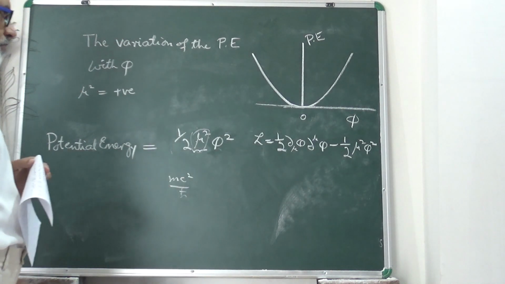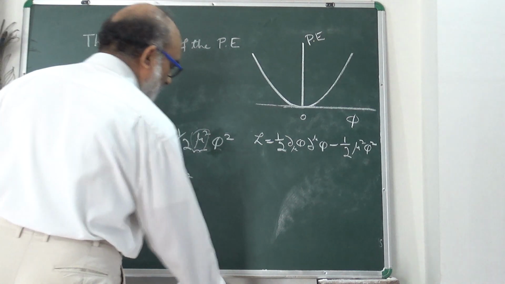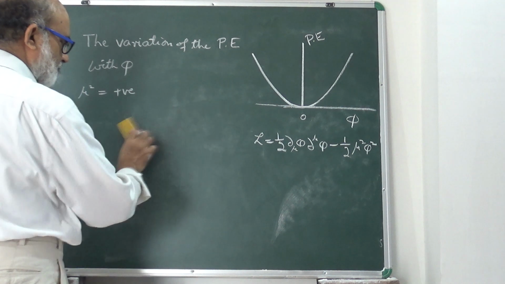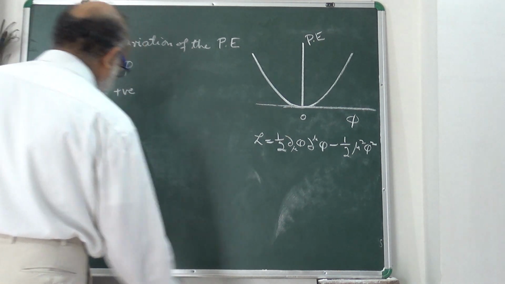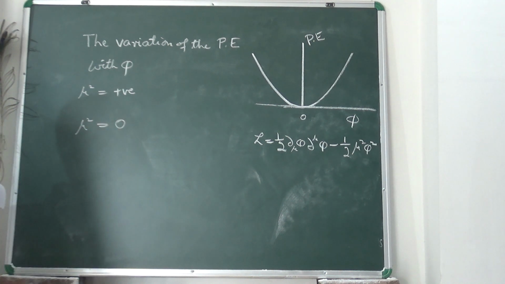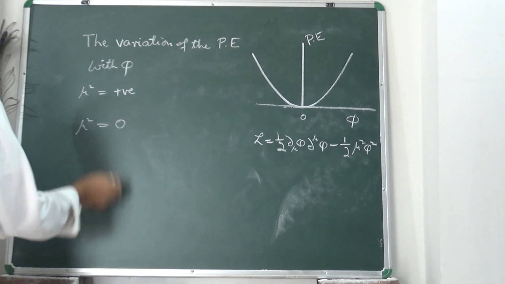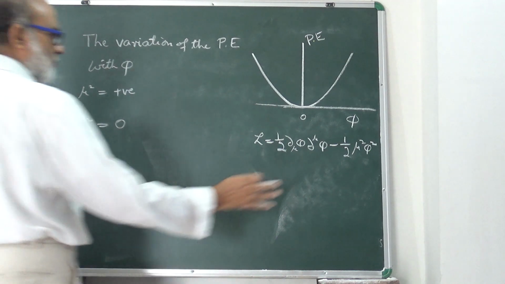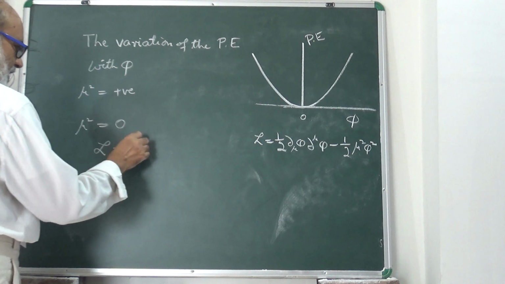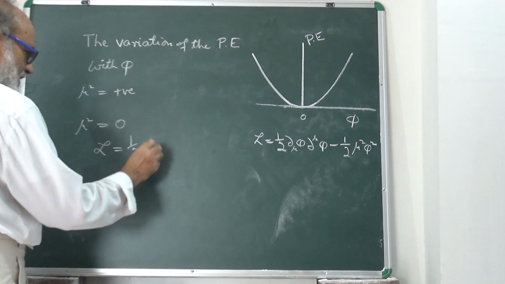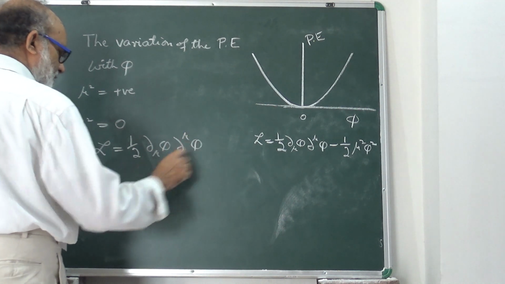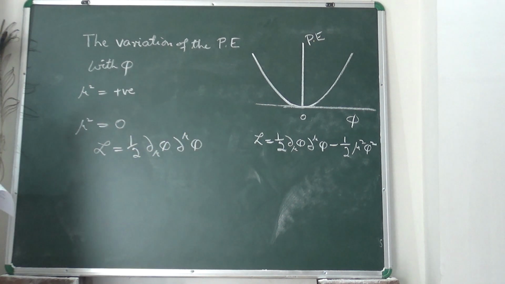Now if you take the parameter mu square as 0, it means we have no potential part and we have only the field varying with space and time, which is given as the kinetic energy.